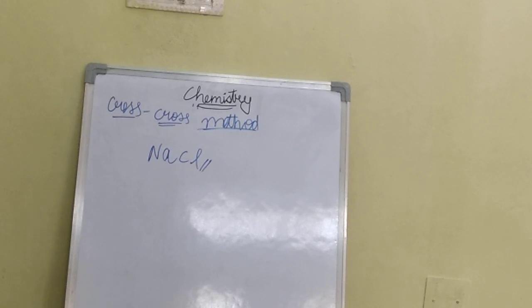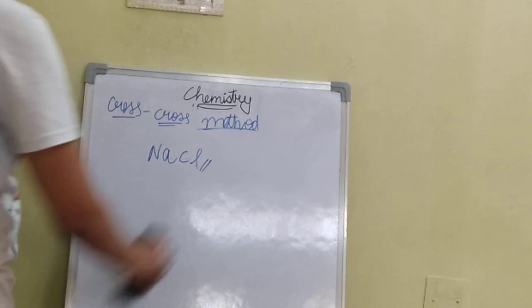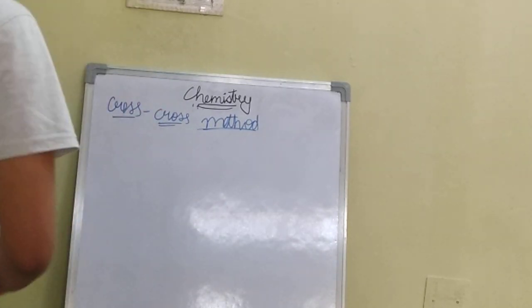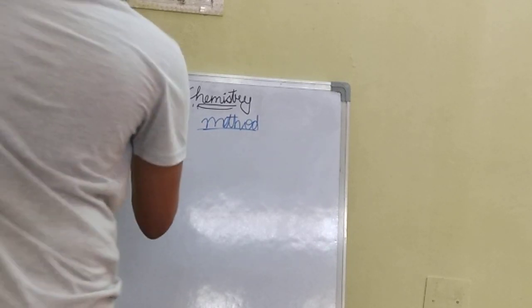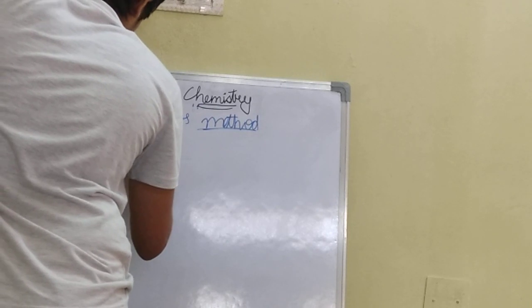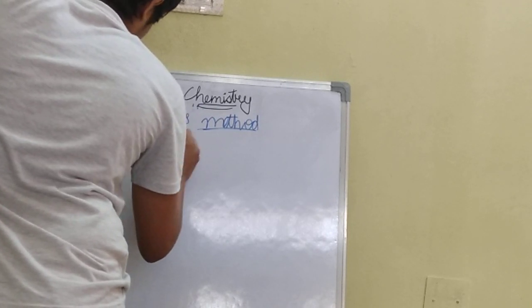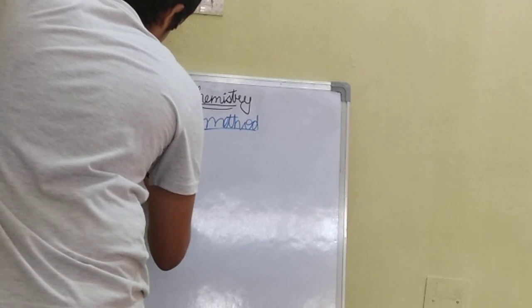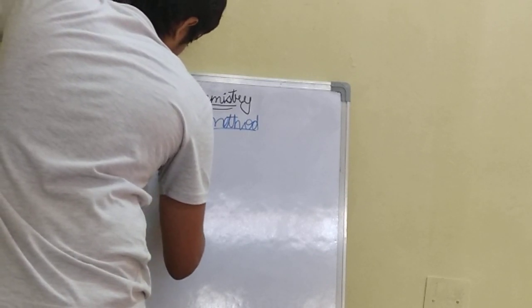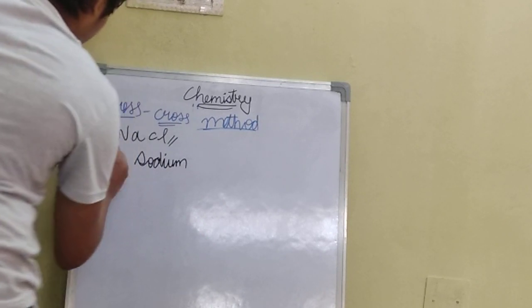First, we will write how sodium chloride is there, and how to find the valency of that I'll tell you. First we should write the name.